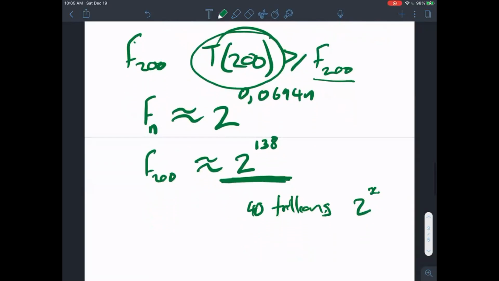So for example, if you wanted to compute Fibonacci of 200 on a super fast computer, it can take at least 2 to the power 92 seconds.